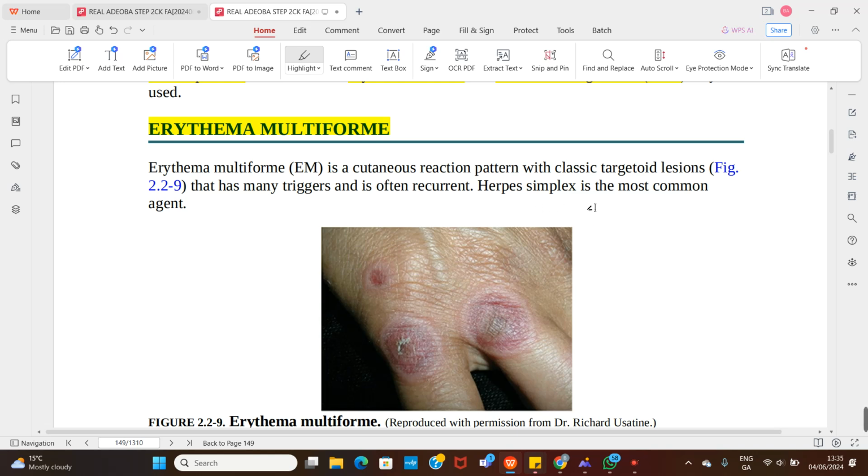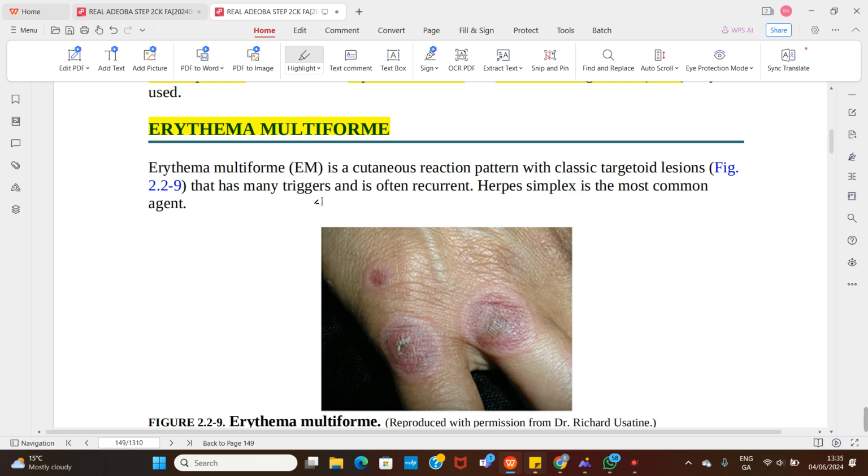Herpes simplex. Herpes simplex infection is the commonest cause of erythema multiforme. Bacteria can cause it, like Mycoplasma pneumoniae. So if it's not from herpes simplex, it's going to be from Mycoplasma pneumoniae, right? Some sources have also said that some drugs can trigger it, phenytoin, antibiotics, yeah. But have herpes simplex as the number one in your mind.